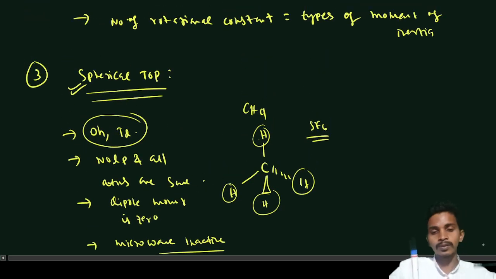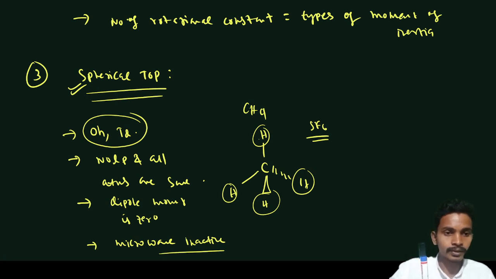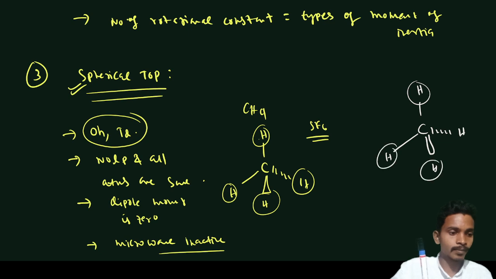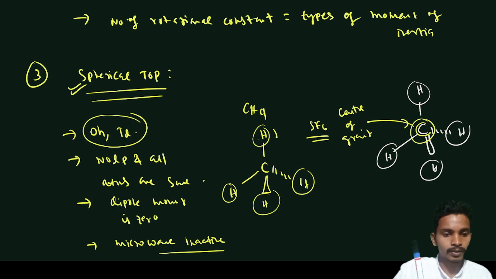So in these molecules, if we rotate along the x-axis, here C and H, H, H and H. Since all atoms are the same, the center of mass lies in carbon itself. This is the center of mass, center of gravity, sorry. Previously here was F, that's why the center of gravity lay somewhere here. But now all hydrogens are the same, so the center of gravity lies here.